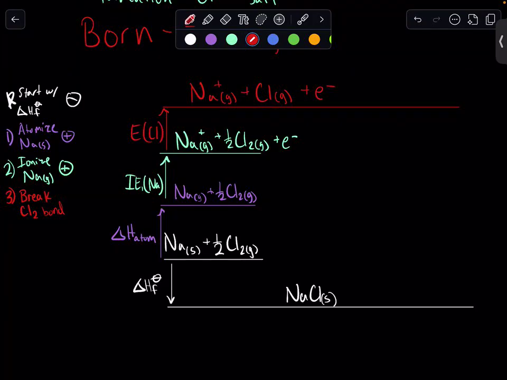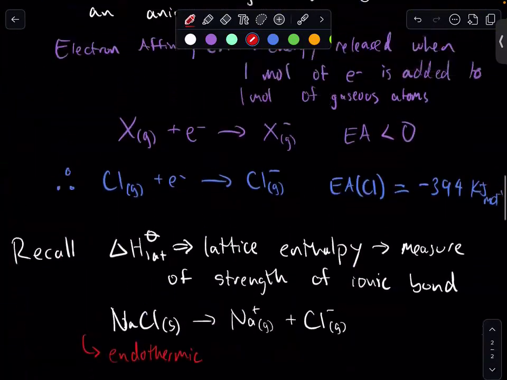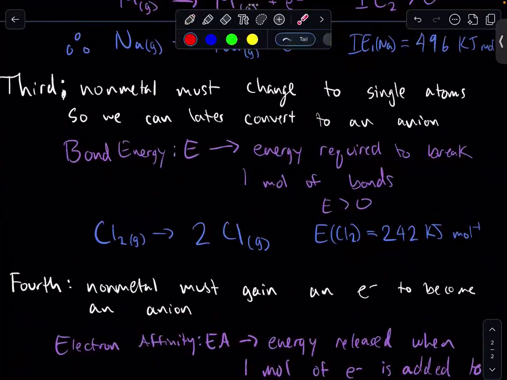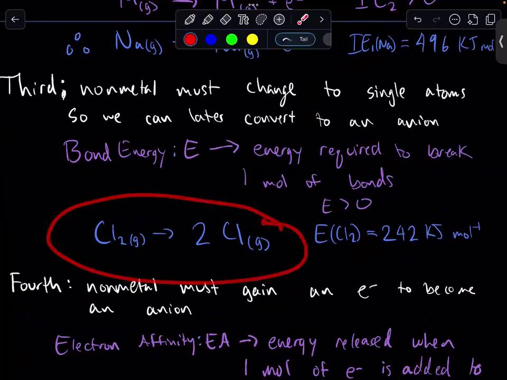Now, we can't just leave it here at the energy of chlorine. If we look at our equation for breaking chlorine, all the way up here, we're turning 1 chlorine diatom into 2 chlorine atoms.